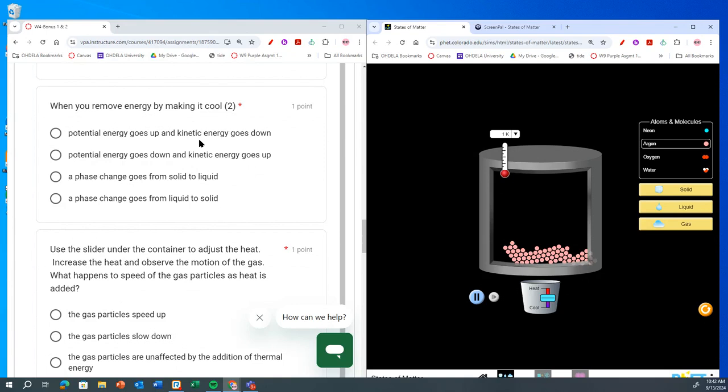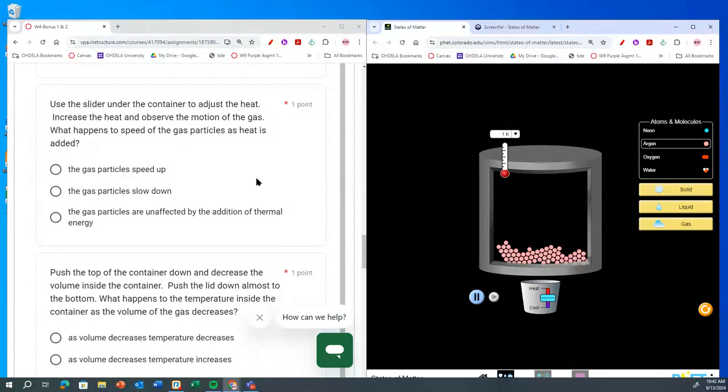So if there's energy in everything, if it's moving a lot, then the kinetic energy is going up. All right, so they're the opposite here. So potential energy goes up and the kinetic energy goes down. Right, so stored energy goes up and kinetic energy goes down. And the phase, right, goes from a liquid to a solid.